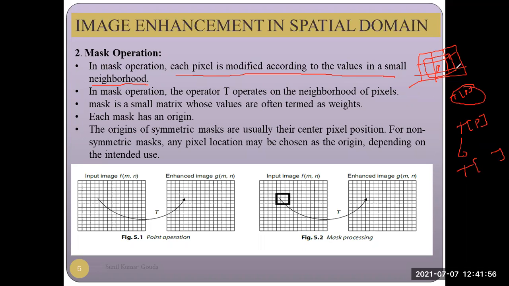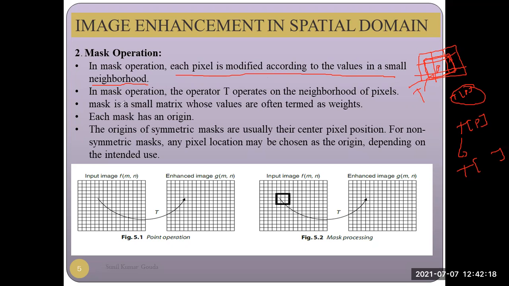Whatever mask size you define, basically we will define a mask size of 3 cross 3 or 6 cross 6 or 9 cross 9. So the T operator is not only performing on a particular pixel P, but also on its neighborhood pixels. Fine.